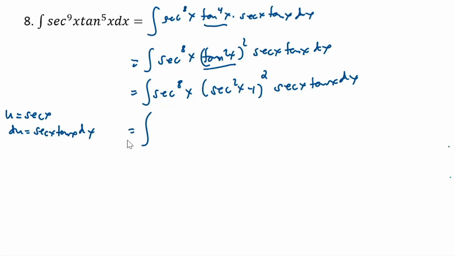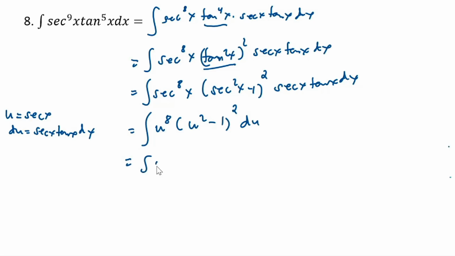Rewriting the given in terms of u and du, I can write u to the power of 8 times u squared minus 1 to the power of 2 times du, because du means secant x tangent x dx.